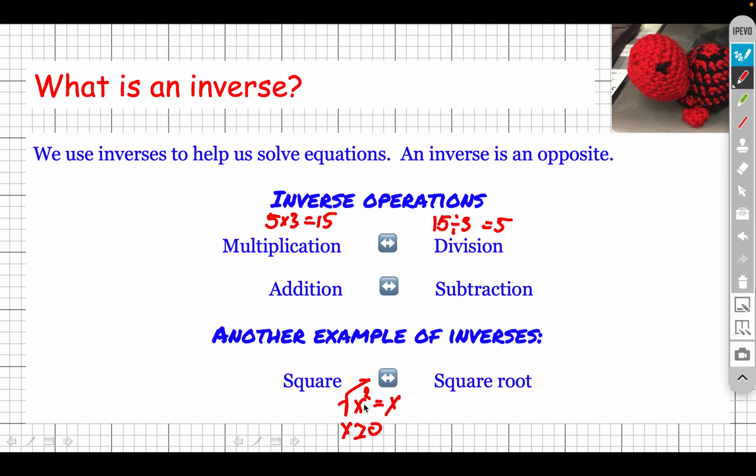If we take the square root of x and we square it, we're going to get x. Again, x has to be greater than or equal to 0, because you can't take the square root of a negative number. Those are inverses, and that's what we're trying to figure out what to do with functions.